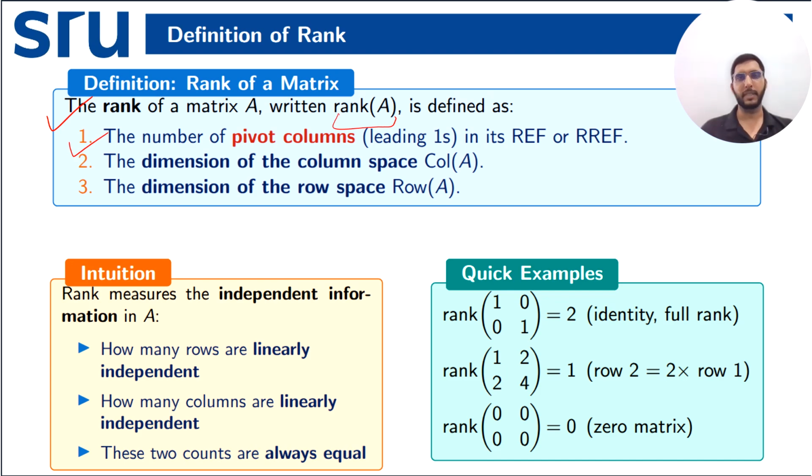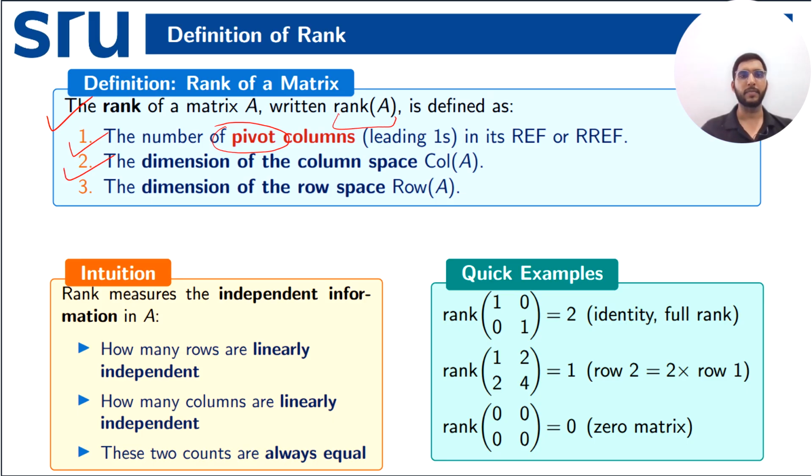When we reduce a matrix using row operations, some columns contain leading entries. Those entries are known as pivot entries. So the number of these pivot positions gives the rank. This is the first way of defining rank.